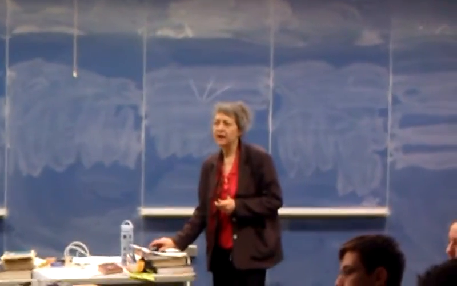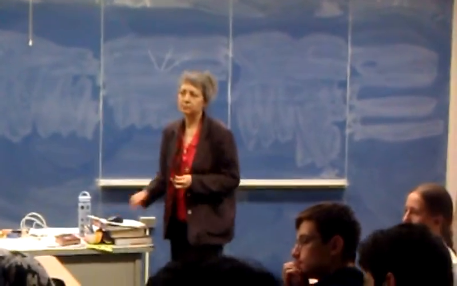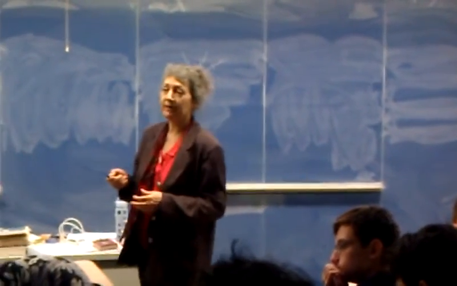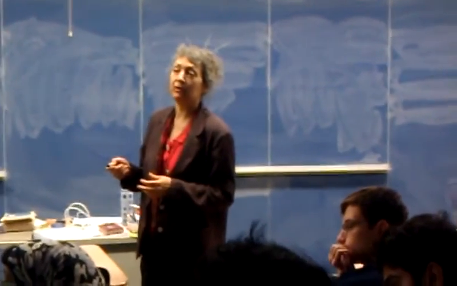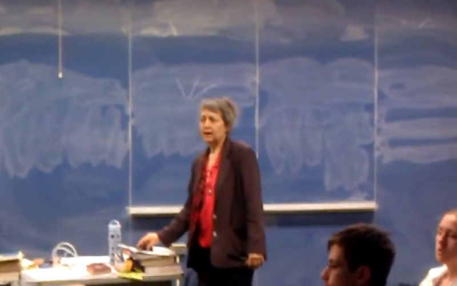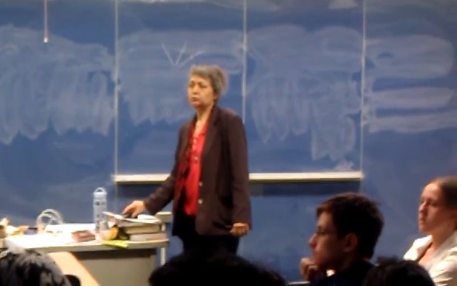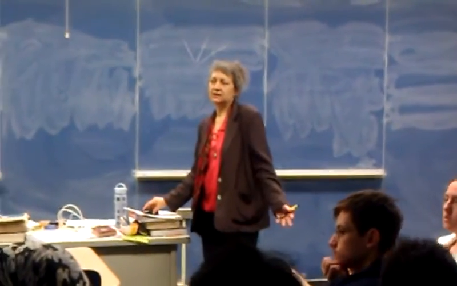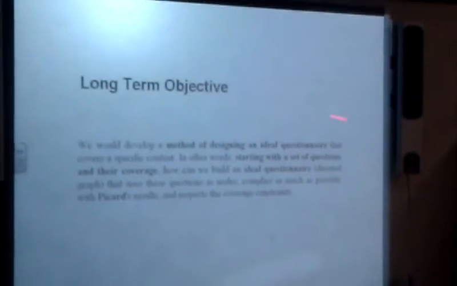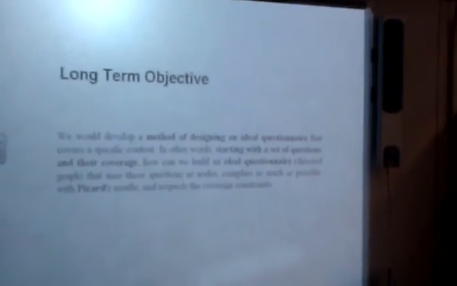Some examples, and these are some of the work where we're trying to apply, I have done some work in chemical molecular structures, where we're applying graph theoretical tools to the structure of molecules, and we're trying to also apply this to questionnaires. All right, so this is basically the long-term objective: figuring out, with the data we have, what would be an ideal questionnaire.